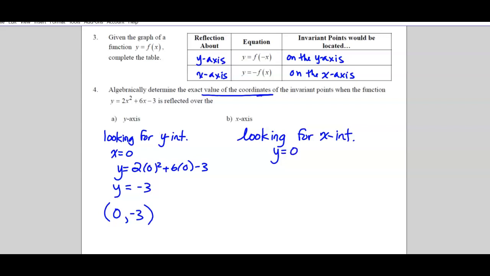Okay, so looking for the x-intercepts, that's when y is 0. Put 0 in for y. If you can't factor, you use the quadratic formula, where it says memorize here.